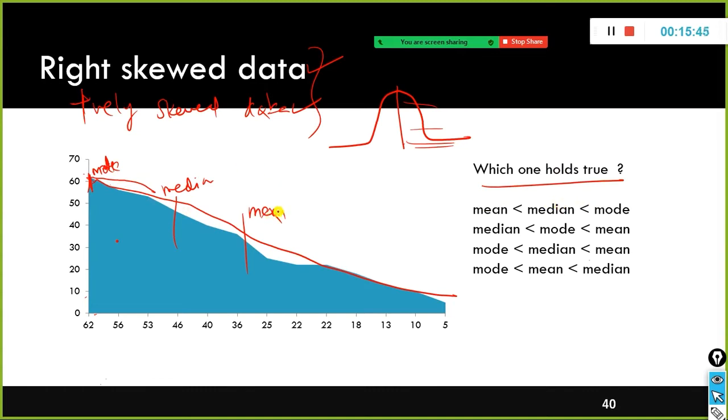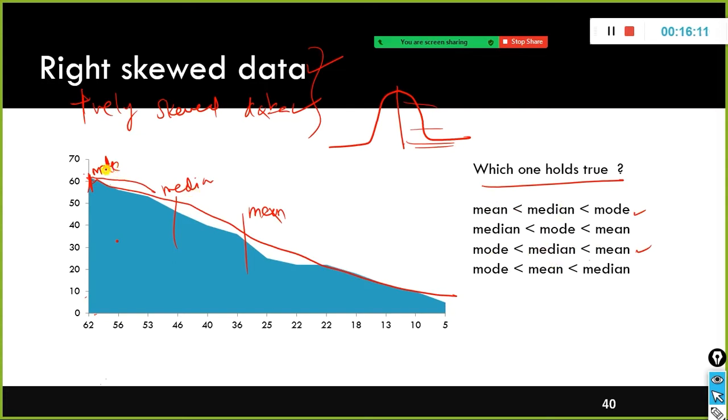Obviously, mean is less than median and median is less than mode. Okay, this one seems to be the correct match, but if you look at the middle one, median is there, right? In both the cases we have median here, but here the mode is less than median. Does this mode is less than median?